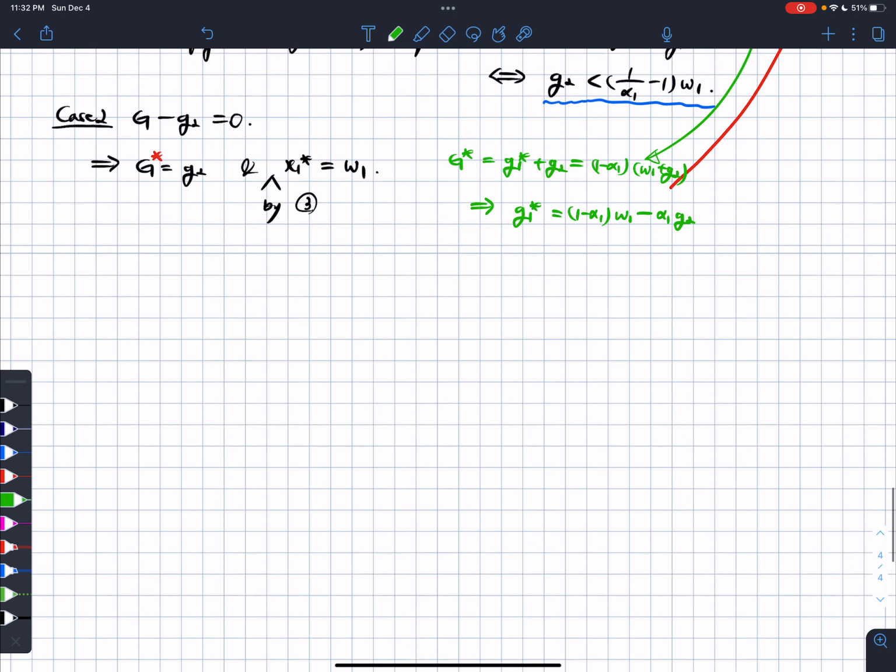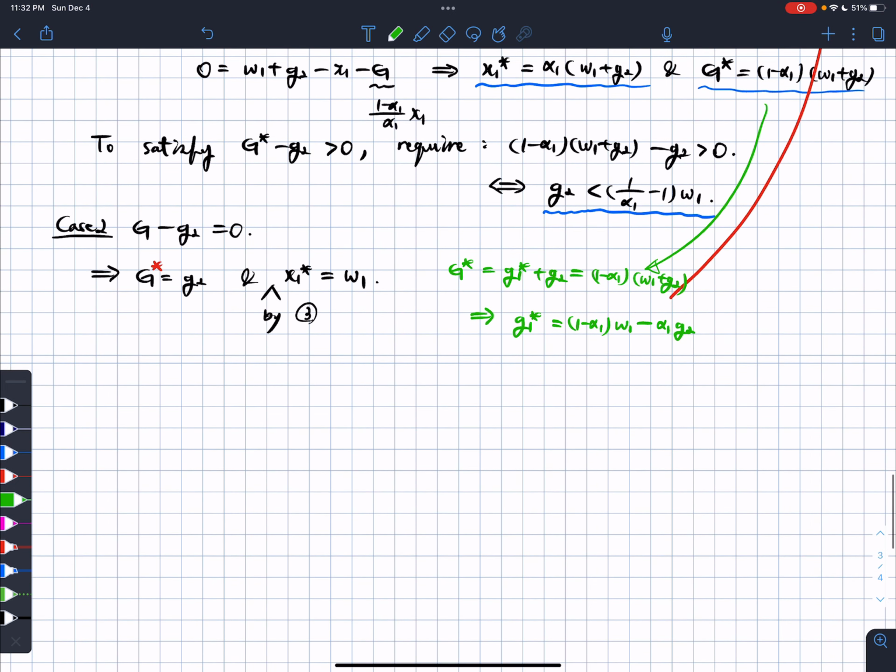Okay? And what about this case? Again, we have this much, and therefore in this case G1 star is just 0. So depending on whether this small G2 is too large or not, we have G1 star equal to that or this, right?